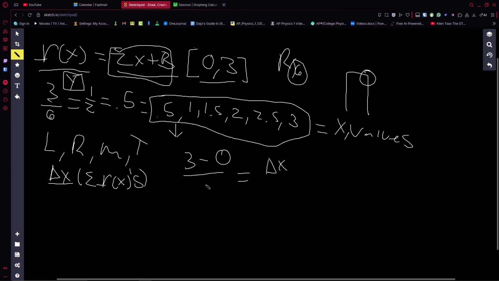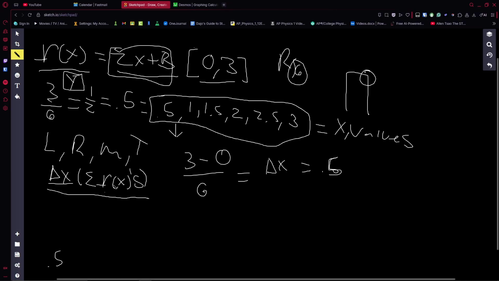So we have 6. So we know that the change in x is going to equal 0.5, or also just 1 over 2, but we can stick with 0.5. So this equation we can work through now. We have 0.5 for change in x.